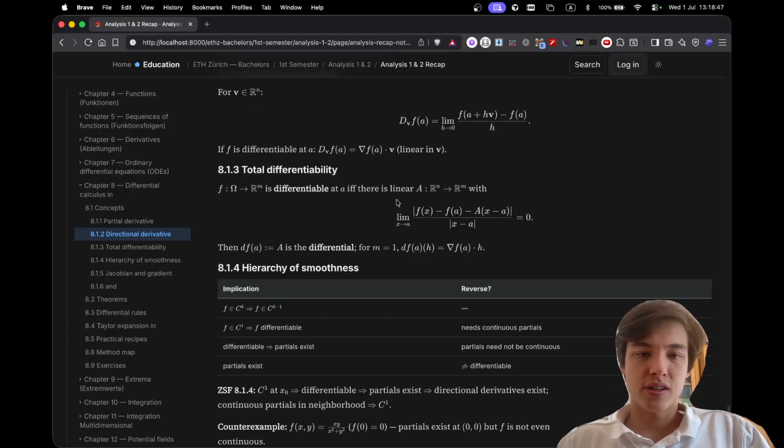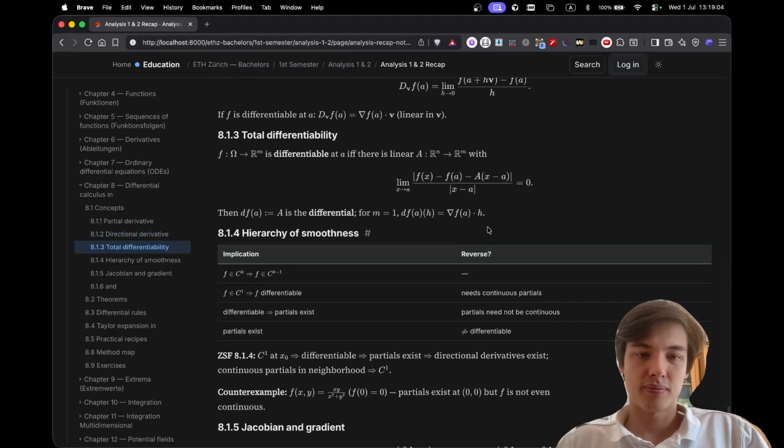Totally differentiable means there's a linear A like this, and the derivative equals that A.